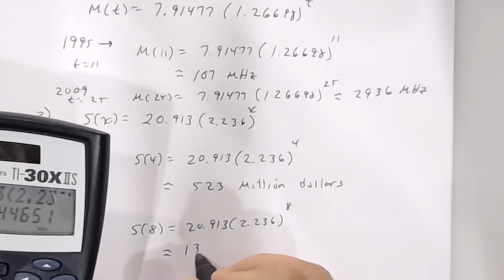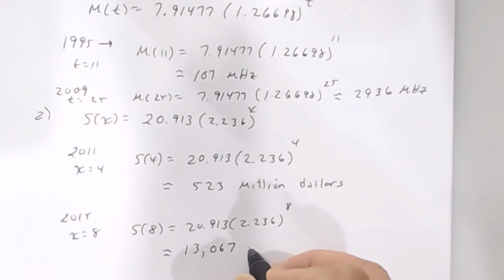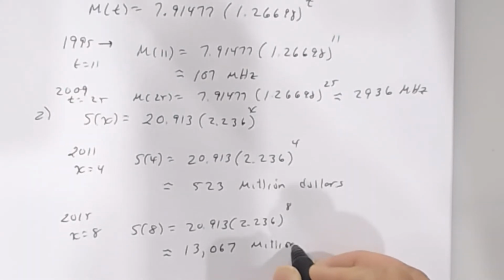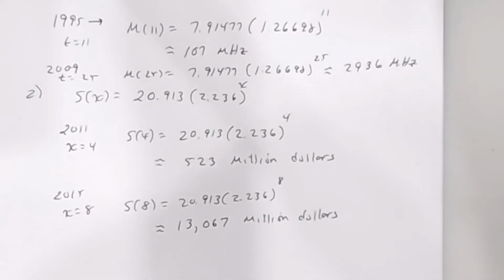So you get $13,067 million. Now, what does that mean? 13 billion. And you know why they have commercials for it all the time.